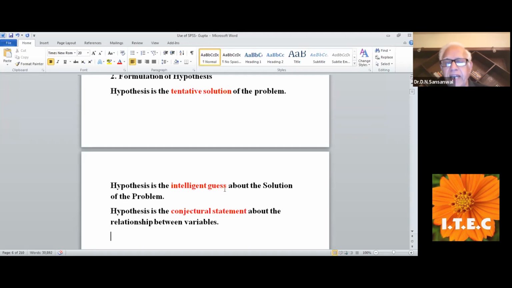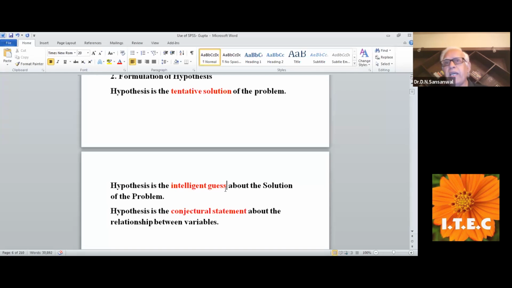Now it is the intelligent guess. You know, when you were a student, during examination time, what were you doing? You might be looking at the last 4-5 years' question papers and analyzing and trying to find out from which unit and which portion of the unit this time the question is likely to come.